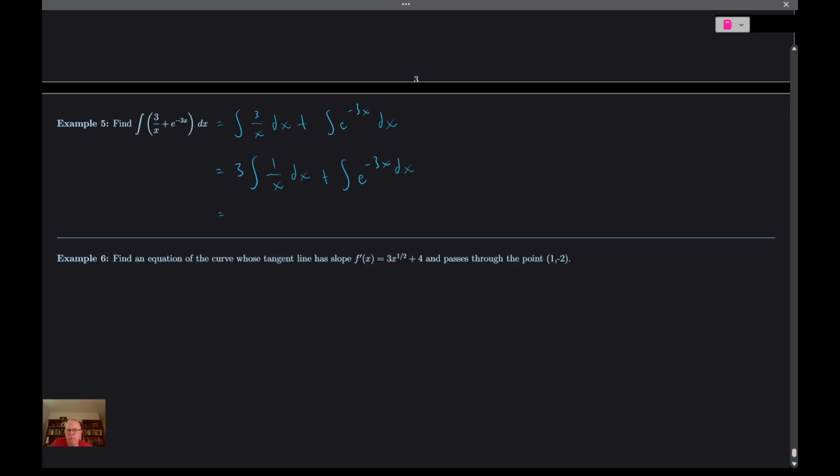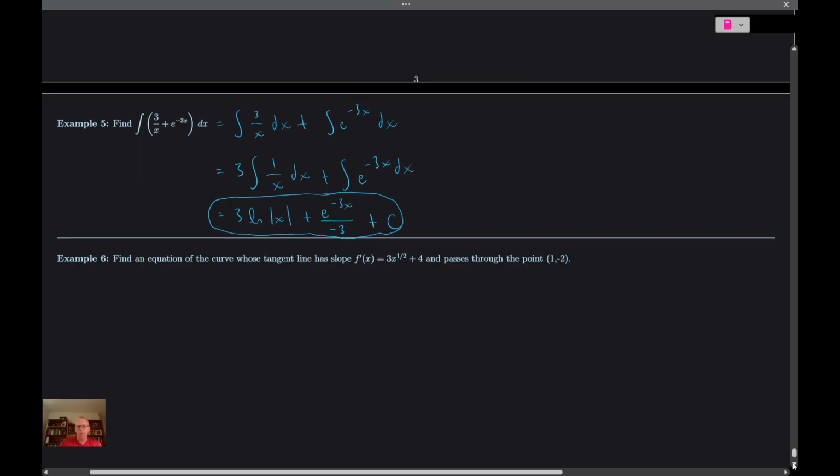And the integral of 1 over x is just ln of x, so we can write this as 3 ln of x. Integral of e to the negative 3x, we're going to divide by that negative 3. And then add a plus c. And I think we'll just leave it there. We could write minus 1/3 e to the negative 3x if we want, but I think that's fine.